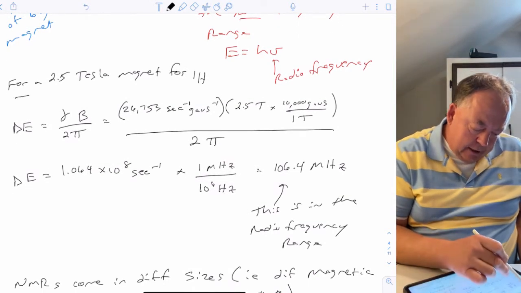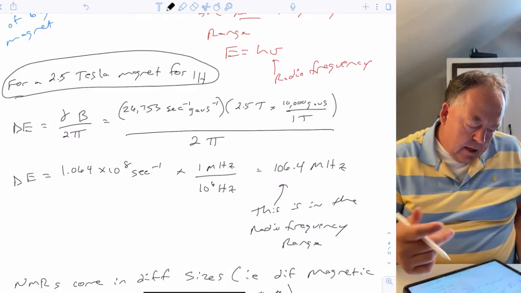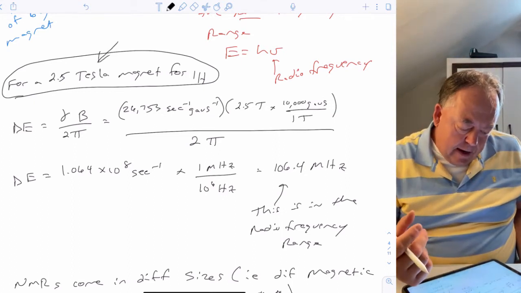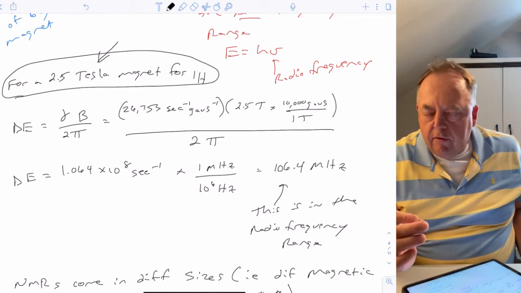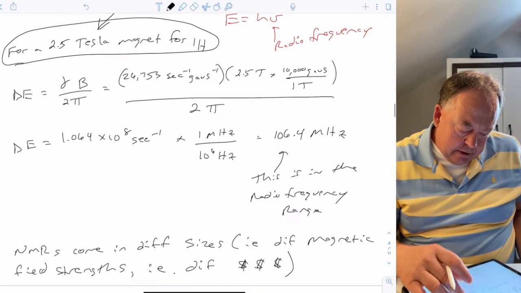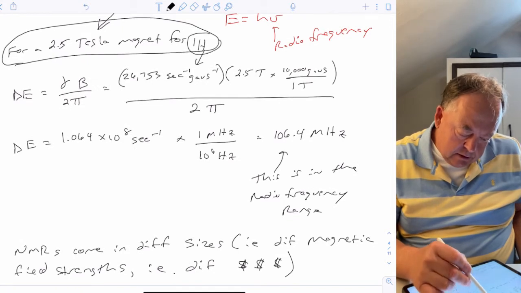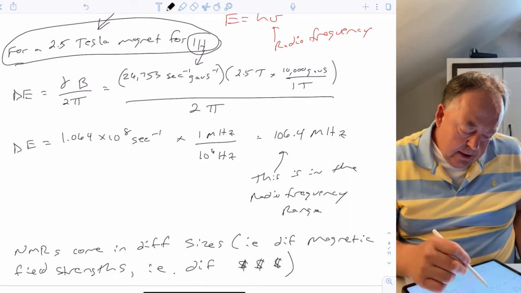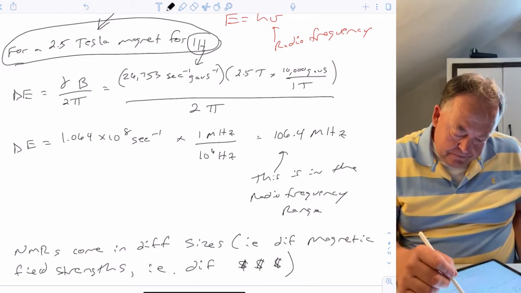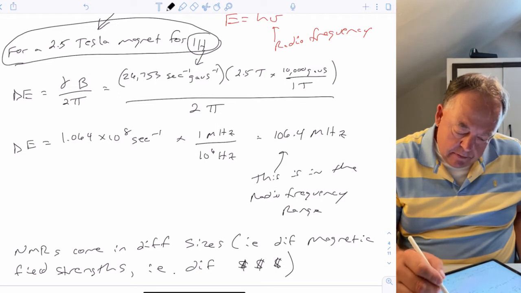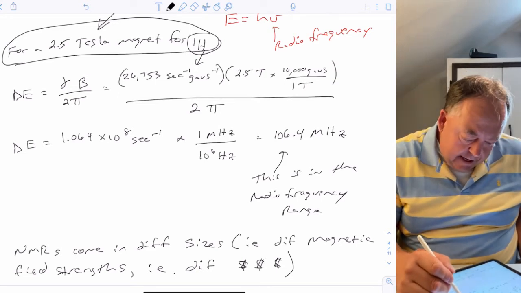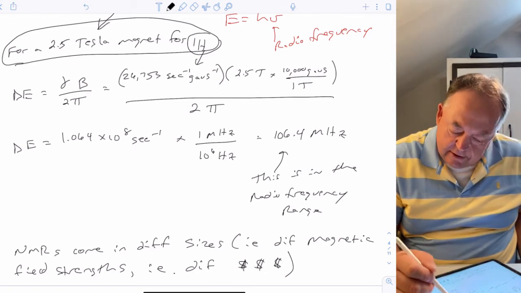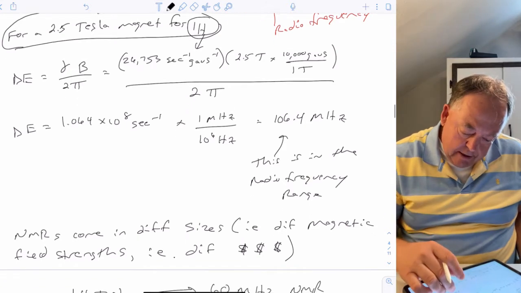Okay, so if we did the calculations, Tesla is a unit of magnetic field. So if we had a magnet that could generate 2.5 Tesla, and we did the calculation for protons, using the magnetogyric ratio for proton, 26,753 inverse seconds, inverse Gauss, and then we convert that, so this is just a conversion factor to convert Tesla to Gauss, divided by 2 pi.